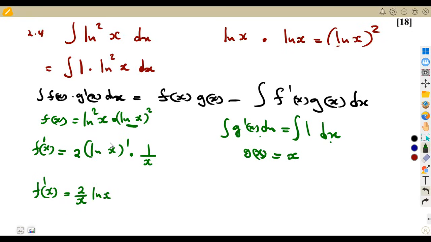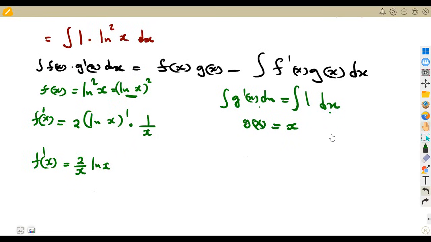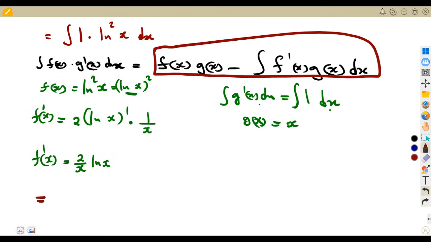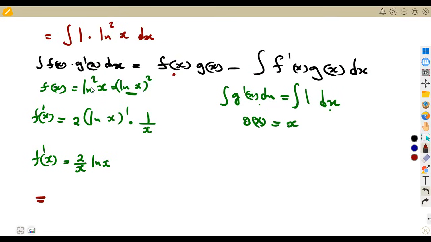Let's leave it like that. So we have first derivative, we have got gx, f of x. So we need to substitute into the formula. So the formula states that for any integral that we are going to have, as long as by parts can be applied, we are going to have this as our answer, which is f of x. Our f of x, we said, is ln squared x times gx.